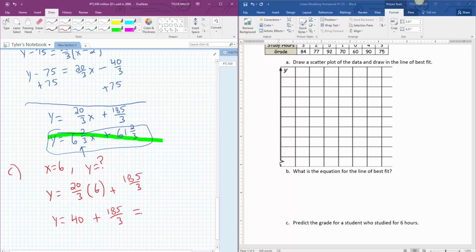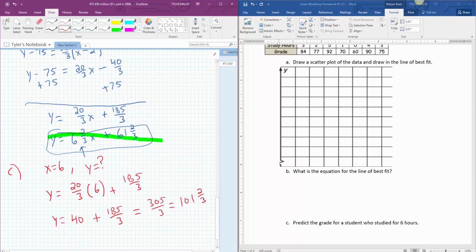So 185 thirds plus 40 is 305 thirds, or what would be 101 2/3, right?